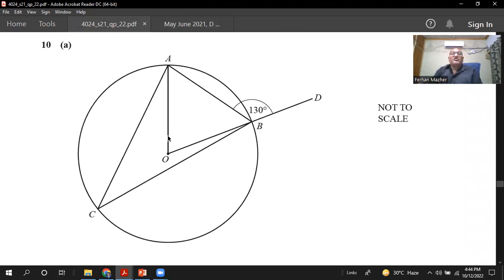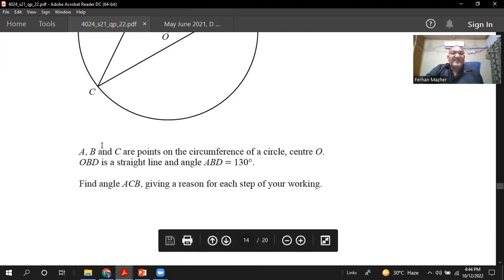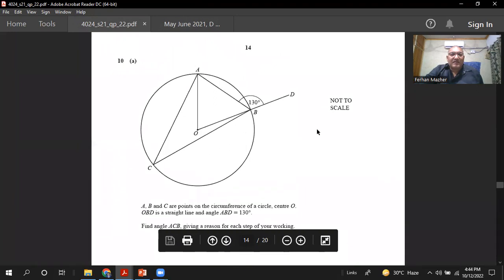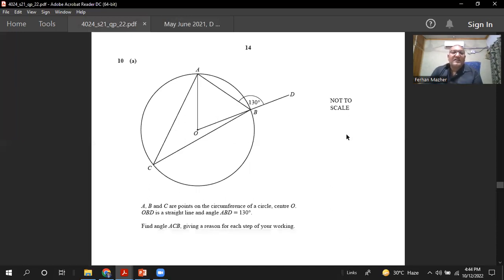Now we have question number 10. Here we have a circle. He says A, B, and C are points on the circumference of a circle, center O, and OBD is a straight line, and the angle ABD is 130 degrees.